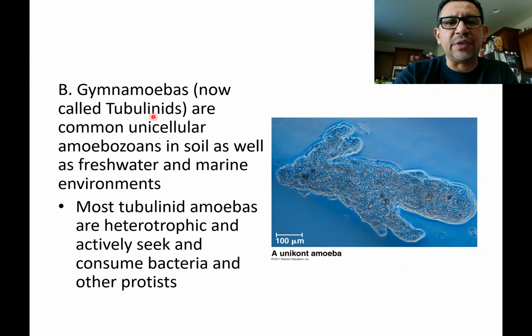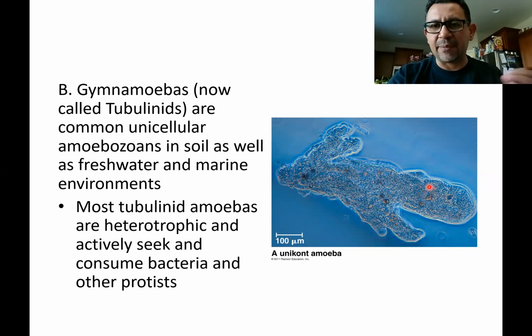These are going to be amoeba-like organisms, like the ones we study in a lab, where the pseudopodia are going to be broad, sometimes more like a lobe-like type of pseudopodium, and they move using cytoplasmic streaming, where masses of cytoplasm move in one direction, aided by the contraction of protein fibers such as microfilaments of actin.